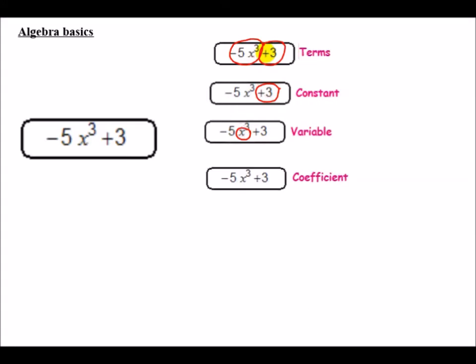The coefficient is a number that is multiplied with the variable. So in this case, the coefficient of x cubed is negative 5. And remember, the negative is part of that coefficient. The exponent, well, in this case, the exponent is 3, x to the power 3, so 3 is our exponent.